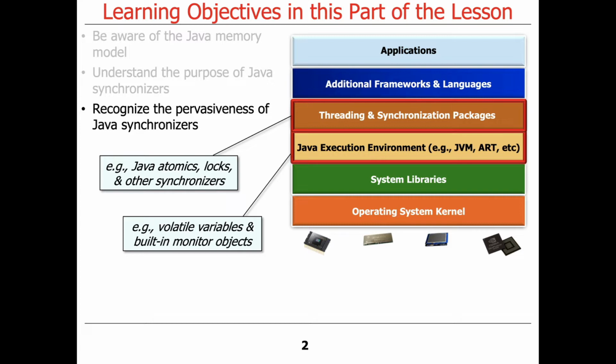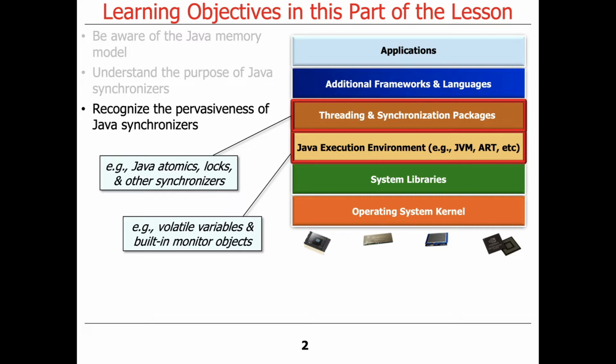And I'm going to show you where they reside in the stack of software that you will find on modern Java platforms, which would include the Java platform, TM, or Java-esque platforms like Android, which aren't quite Java TM, but they've got pieces of Java in them, for better or worse. And as we'll see, there are Java synchronizers that occur at the execution environment level.